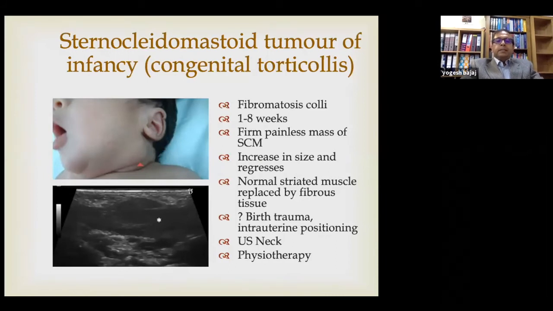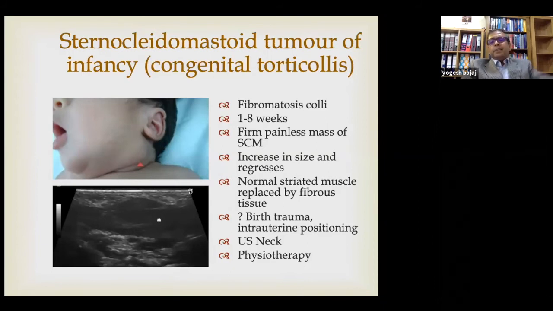And generally these children will either present to the GPs or pediatricians. And on palpation, it's quite a firm, though painless mass in the sternocleidomastoid, and because it's a firm mass, the GPs and the pediatricians start worrying about it, that, oh, is this some kind of a tumor?